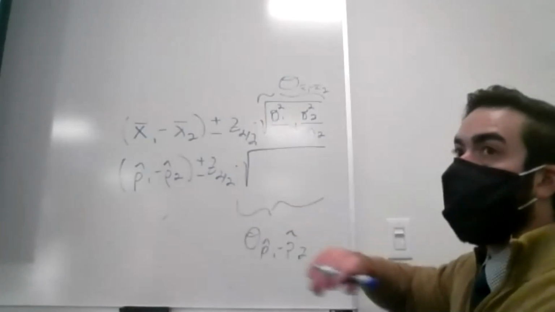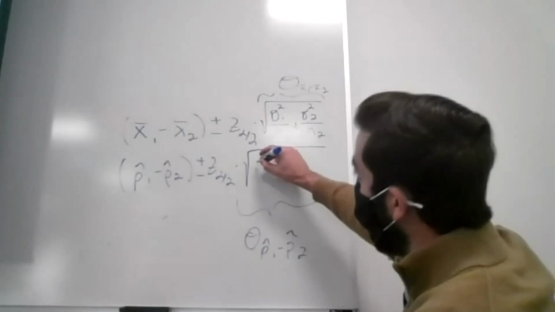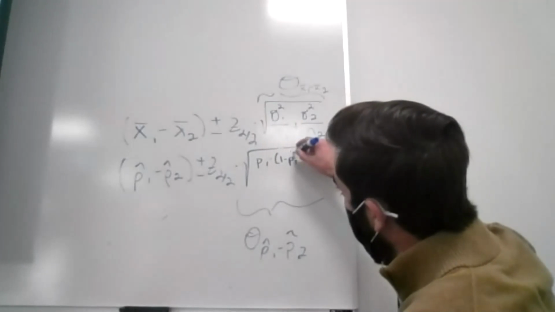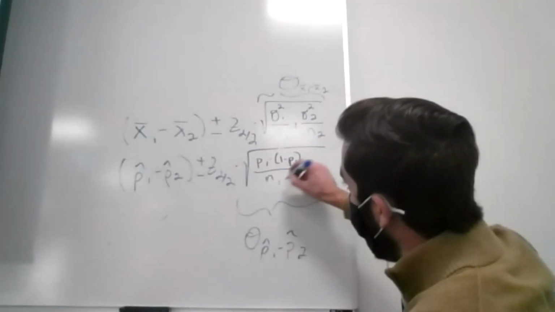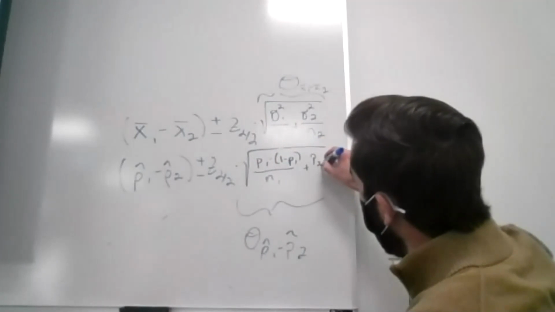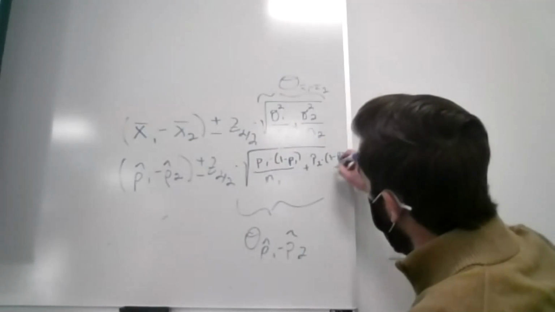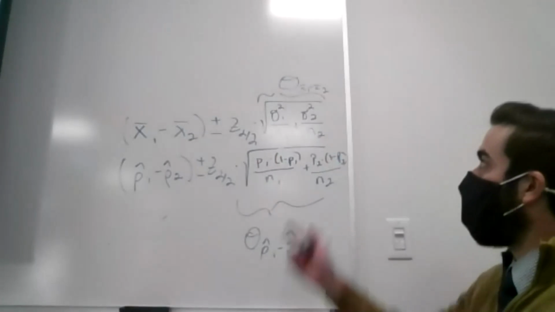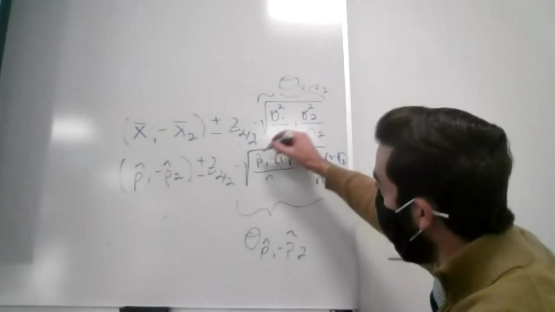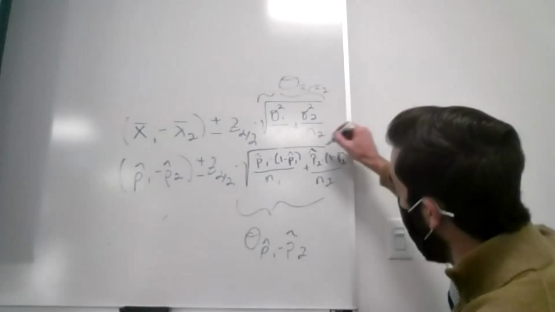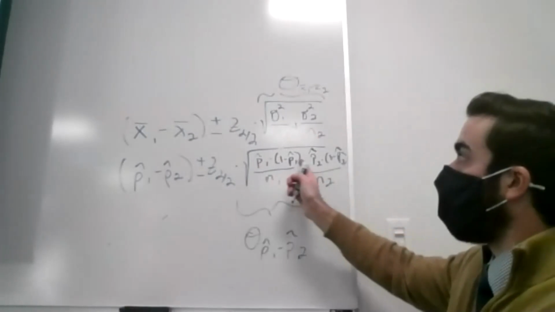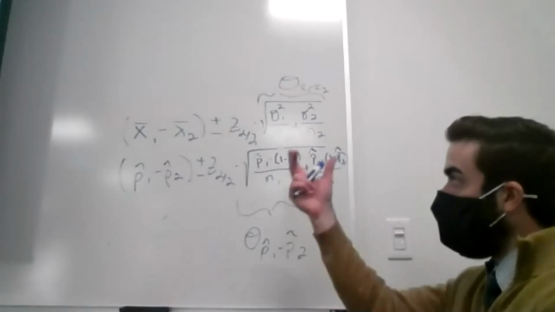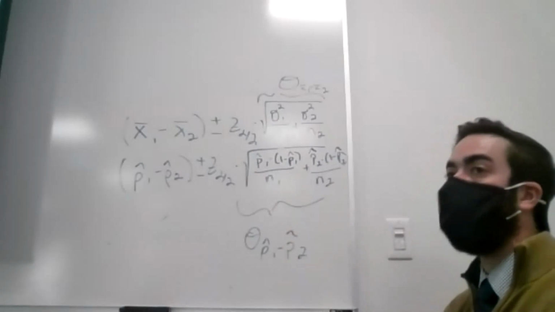Before, we were using the variance; now we know the variance for these different populations should be this. That's what they should be. But we can't observe the true population proportions, so we use the next best thing, which is our estimates, to figure out the variance for those sample proportion distributions. Right? It's a very similar setup, just a little bit different from what we had with sample means.